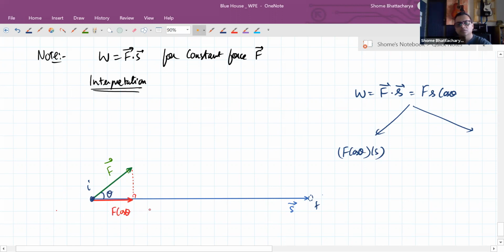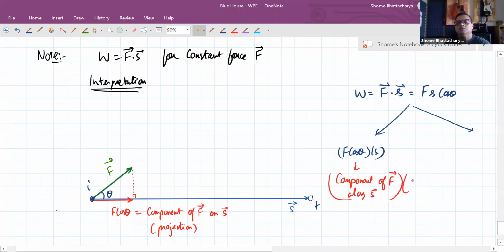So this is the component of force along the displacement. Remember that projection concept. So it is the component of force along displacement multiplied by the magnitude of the displacement. This is one interpretation.